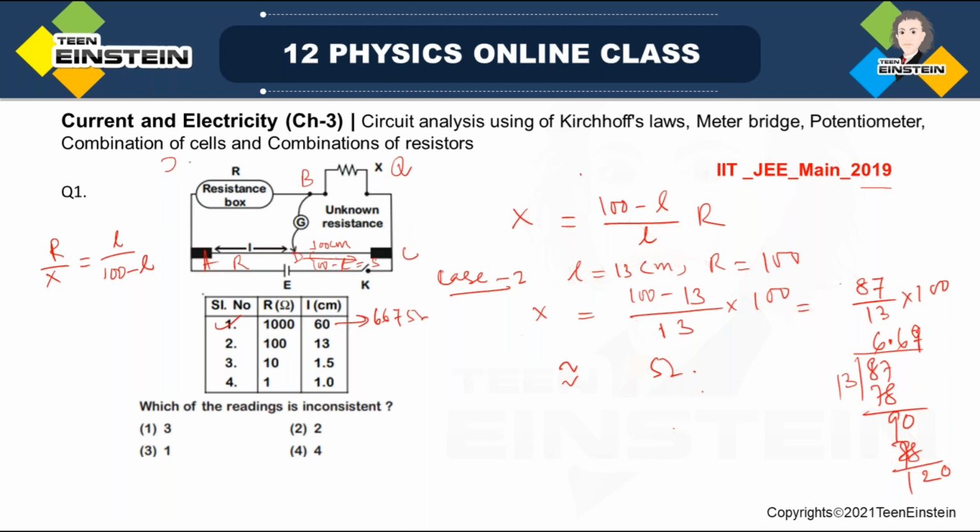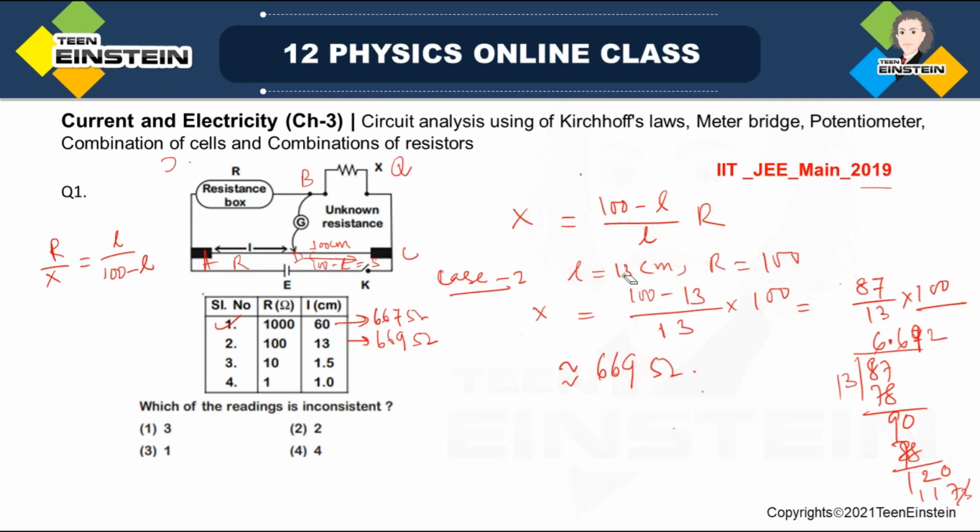So 117, then 3, so it will come 2, like that. It is actually nearly, and 100 multiplied, so it will be nearly 669 ohm. Okay, so the second gives 669 ohm.